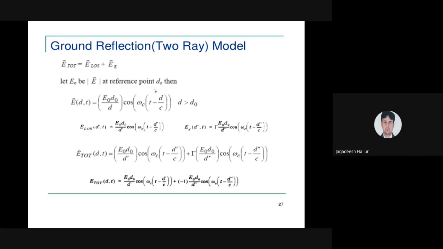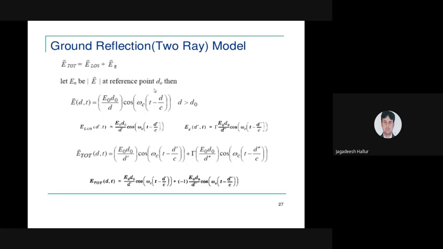Second wave, ground reflected wave. The ground reflected wave distance is what? D double dash. So Eg of D double dash comma T is equal to gamma is present. The gamma is nothing but what? There are a number of losses going to be present in a particular signal. Why? Because the wave has to be reflected back from the ground.